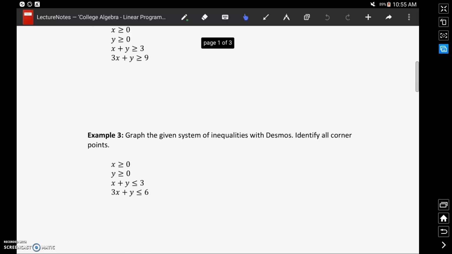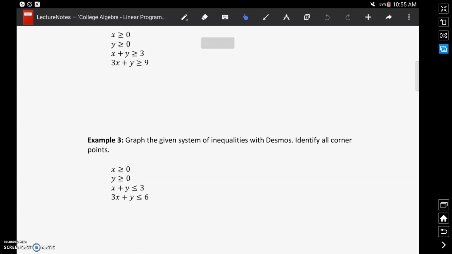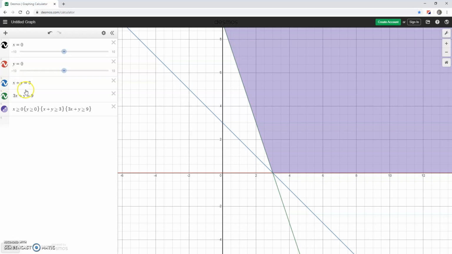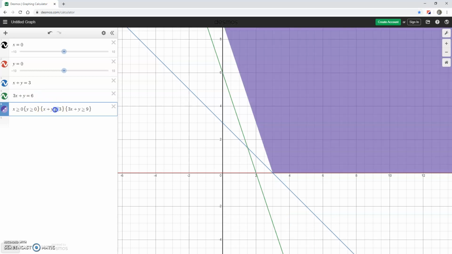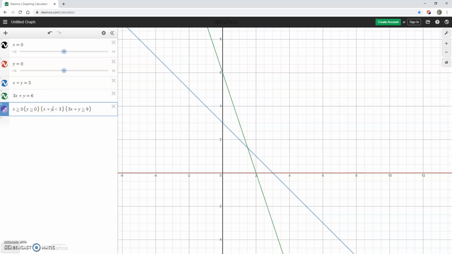In example 3, we have a very similar system. All that's changing is the direction of our inequality statements, as well as one of the numbers on the right-hand side. So we can look at simply updating our statements here to be 3x plus y is now equal to 6. x plus y is now less than or equal to 3.